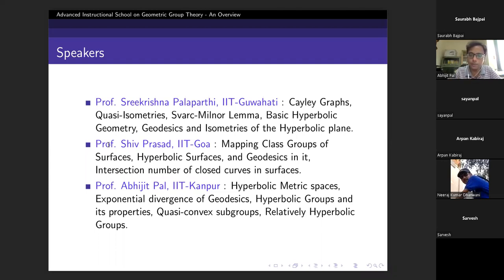He'll also introduce basic hyperbolic geometry, the upper half plane and other models of it, and the geodesics and isometries of the hyperbolic plane.